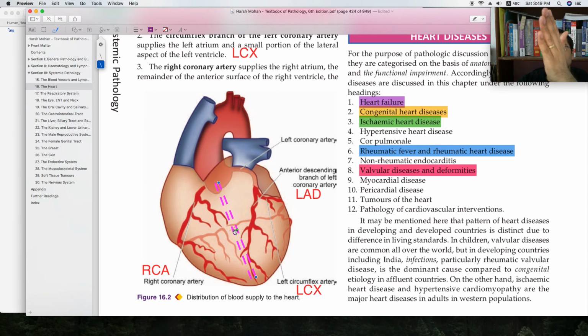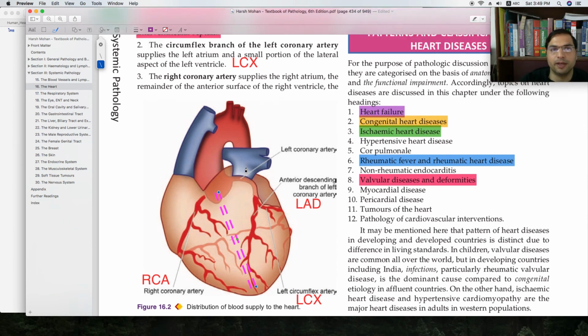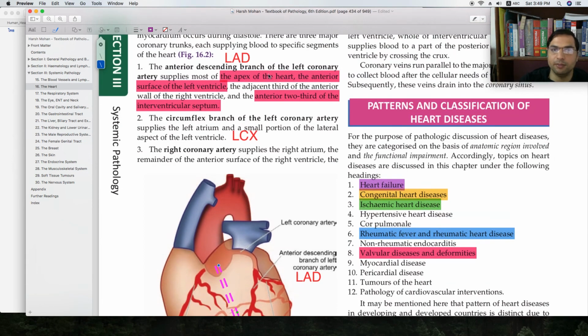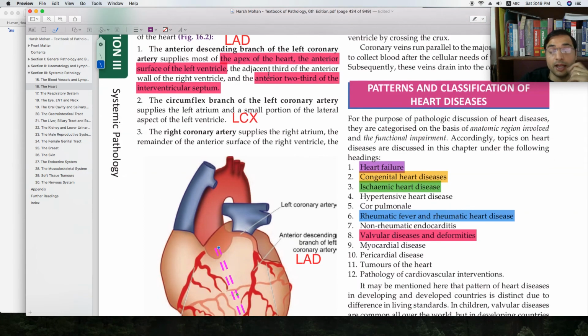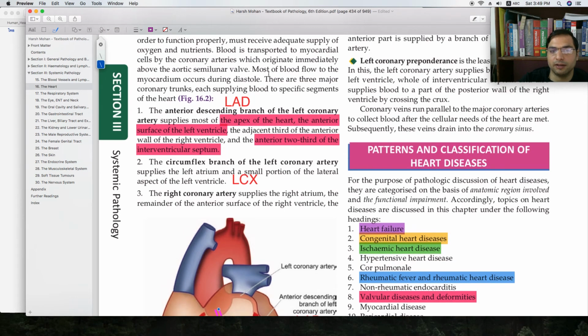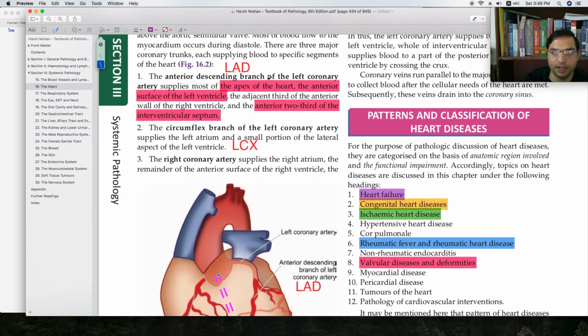If this is the interventricular septum, then up to two-third from the anterior side is supplied by the left anterior descending branch of the left coronary artery, and the remaining posterior one-third, the back side of the interventricular septum, is supplied by the right coronary artery, right?